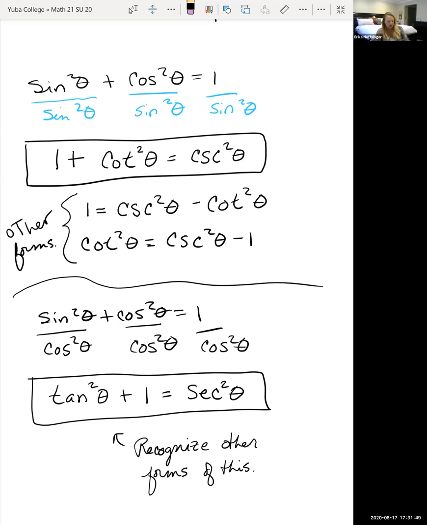I think they're called the Pythagorean trigonometric identities, but let me just make sure. In the book, they just called them the fundamental identities.